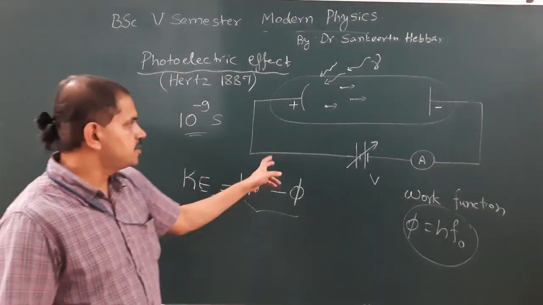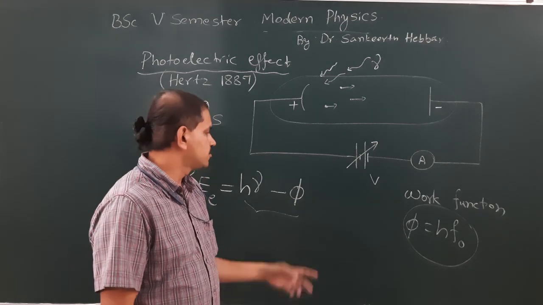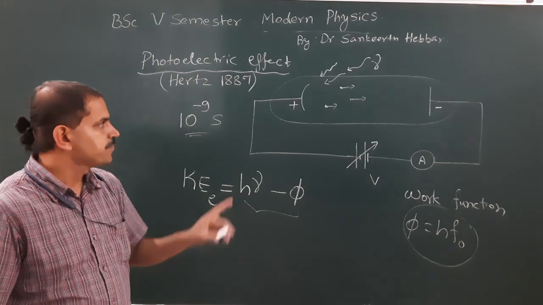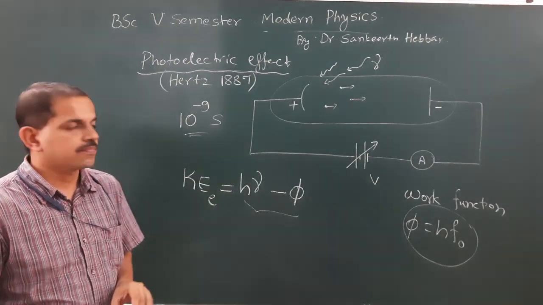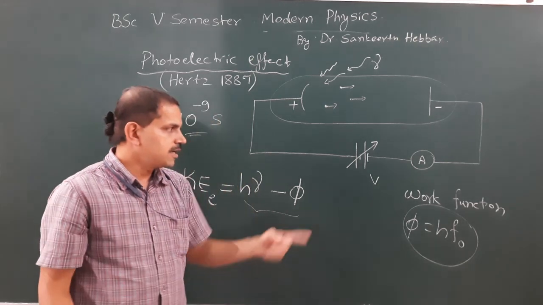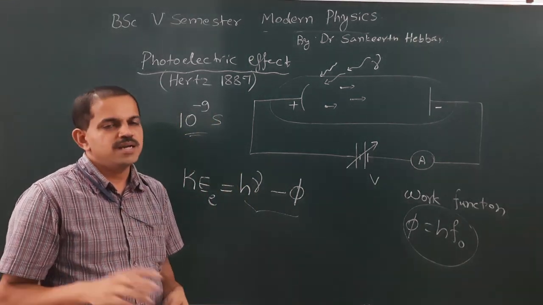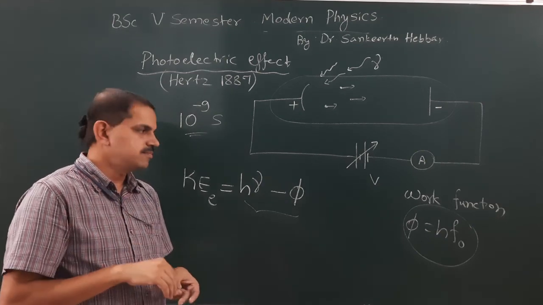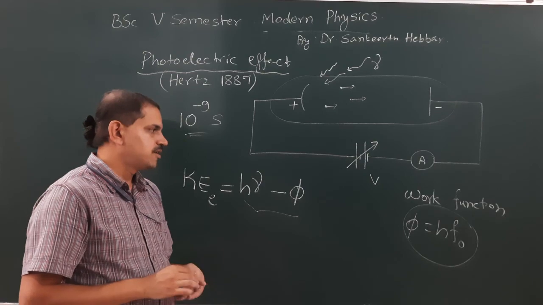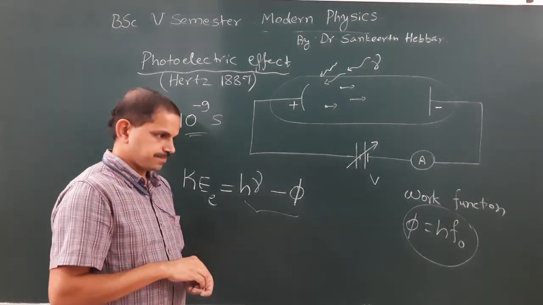And using this retarding potential, the opposite potential applied, one could calculate the kinetic energy of the electrons. Just a note to remember: work function is something similar to the binding energy of an electron to an atom, but it is always less than the binding energy of the electron in an atom.